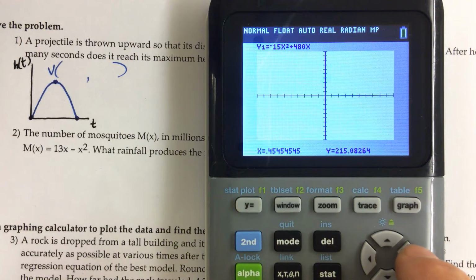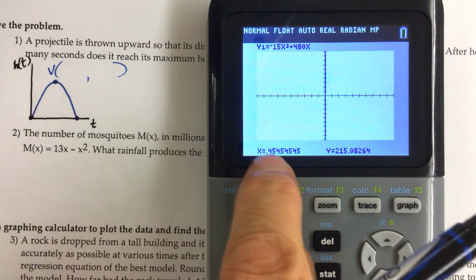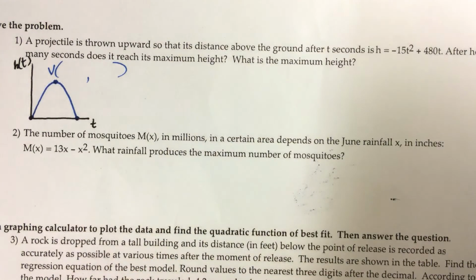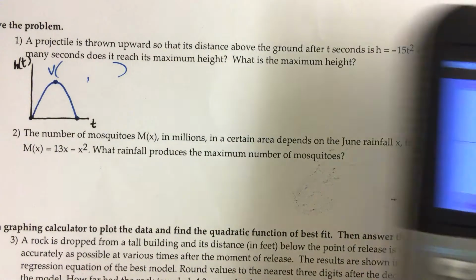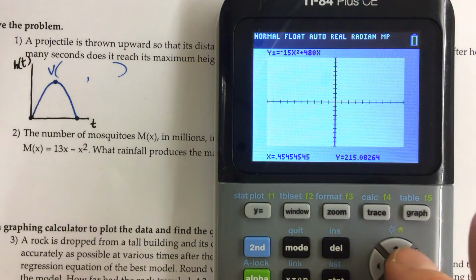If we hit the right arrow, notice what the y coordinate just did. At t equals 0.45 seconds, the projectile is 215. It doesn't say feet at all, so we'll assume feet. It's 215 feet in the air, and then goes to 423, 626, 823. If you keep hitting the right arrow, the y values are climbing pretty rapidly, now past 3,000.